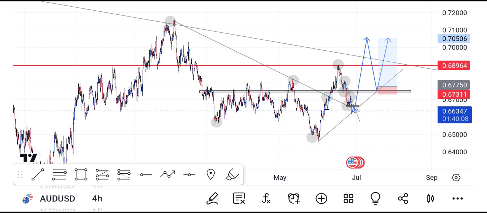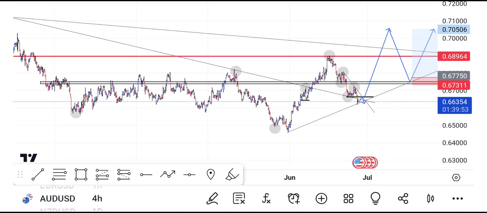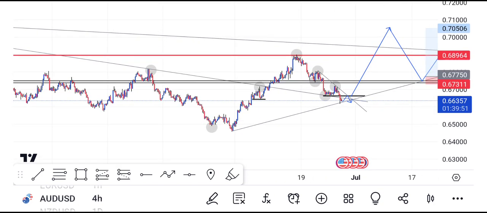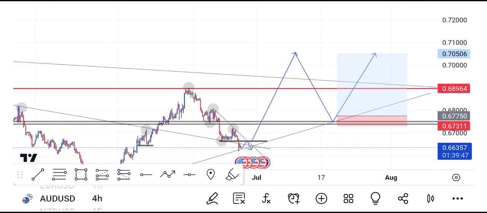The 1 hour and the 15-minute time frames are the time frames whereby I will be looking for my entries. But my analysis is mostly done on the 4 hour and the 1 hour. But on this specific pair, AUD USD, I saw a lot more opportunities on the 4 hour and the daily time frame. So why not stick with that?